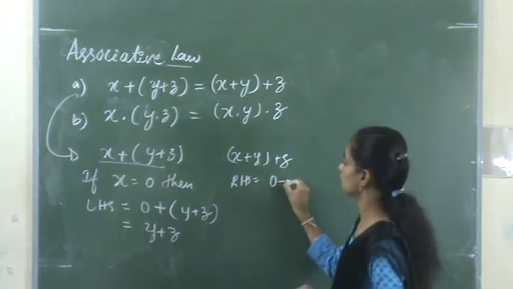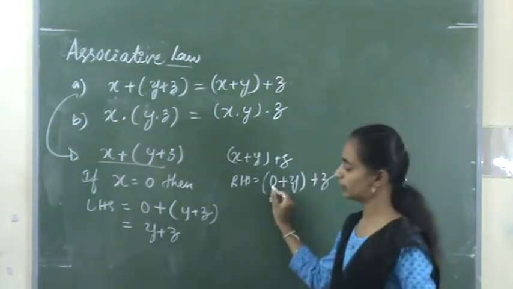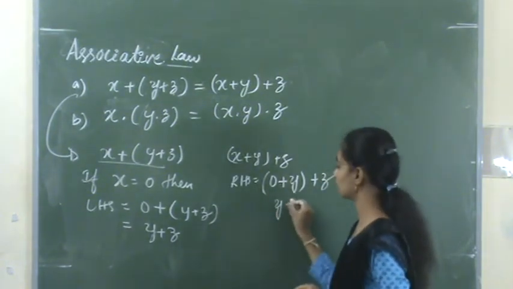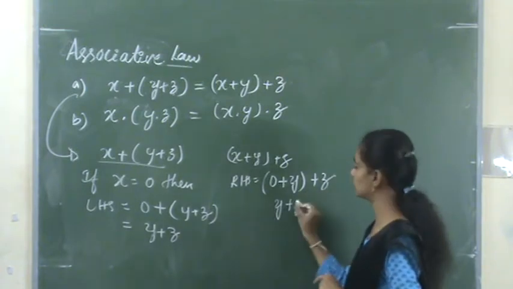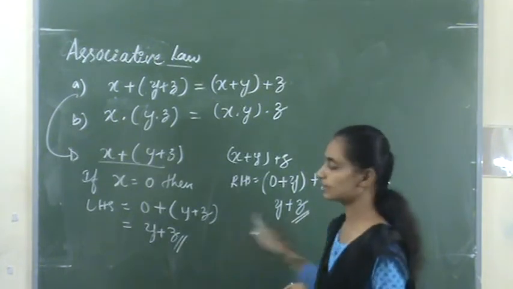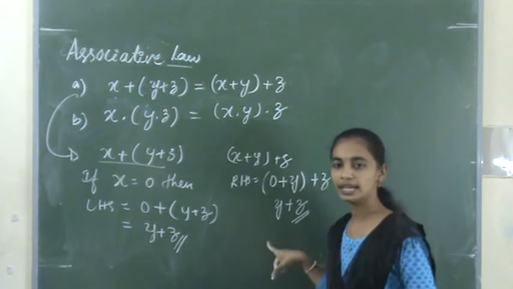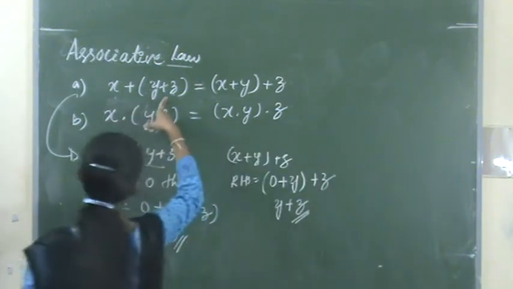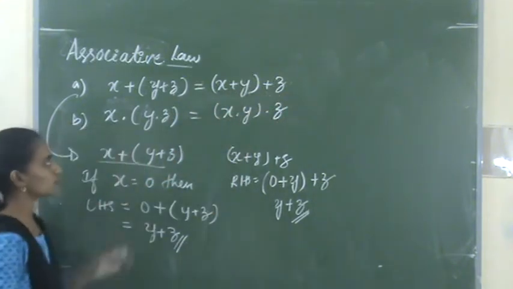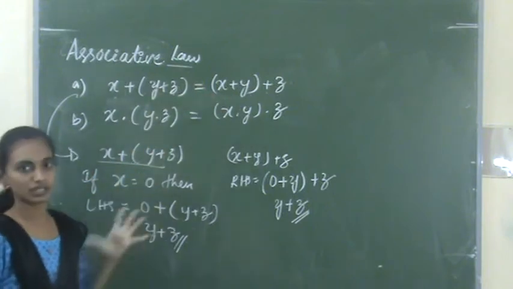X value is 0, so 0 + Y + Z. We know the property of 0: 0 + Y is Y itself, plus the remaining variable, that is Z. So we proved that LHS and RHS are equal. Hence X + (Y + Z) is equal to (X + Y) + Z. So if we interchange the brackets, we get the same result.